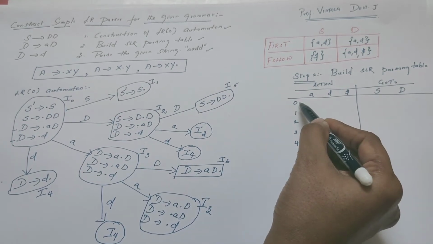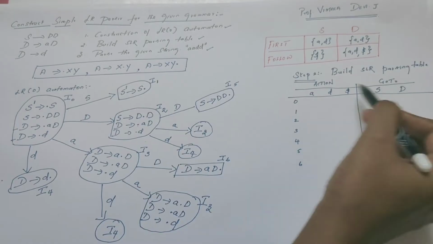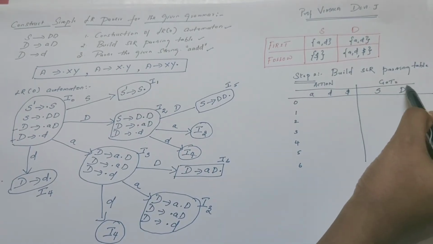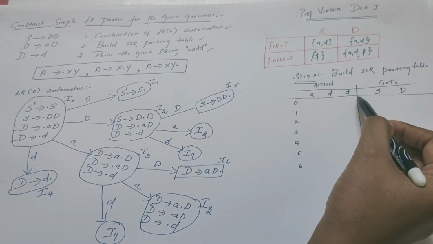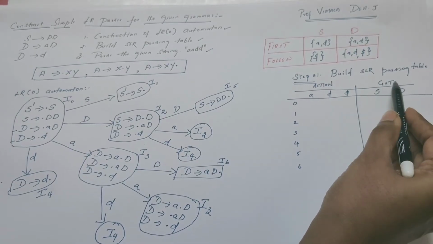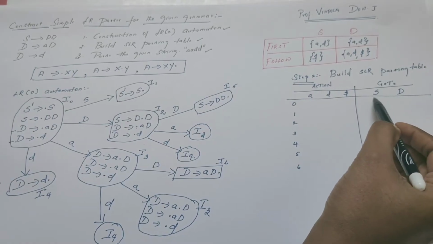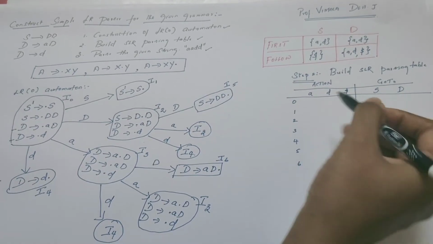The rows are nothing but the states of the automaton. There are 2 major columns, action and go to. In the action column we have the columns for all the terminals including the dollar, and in the go to section we have the columns for the variables, S and D according to this grammar.